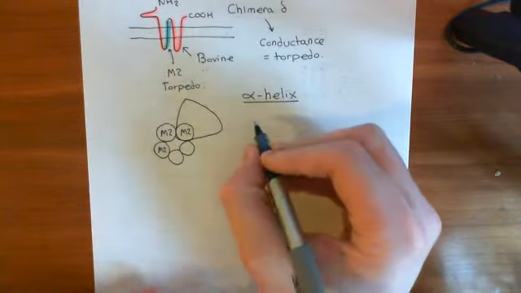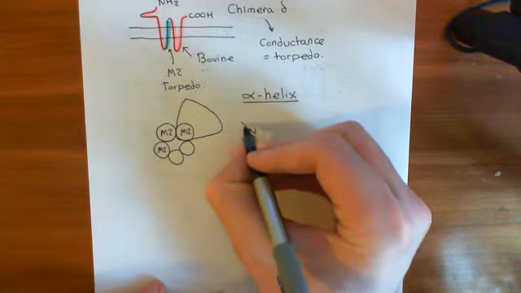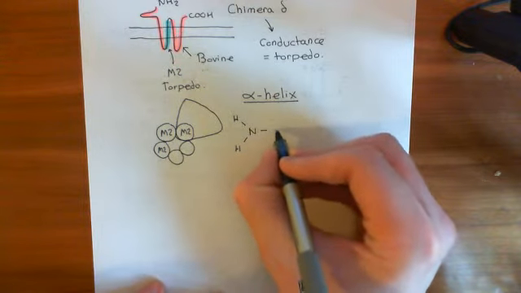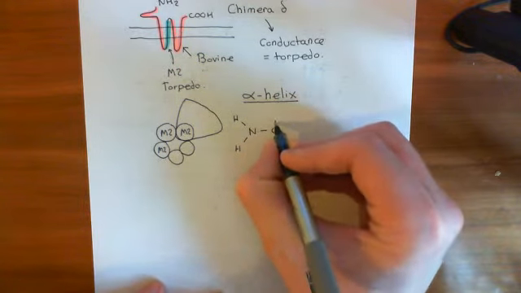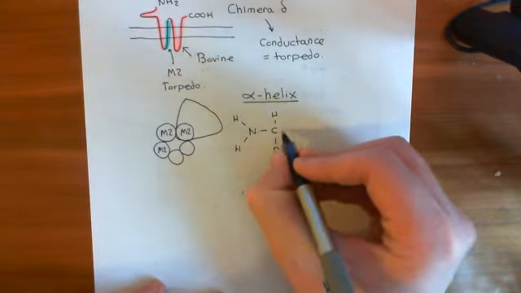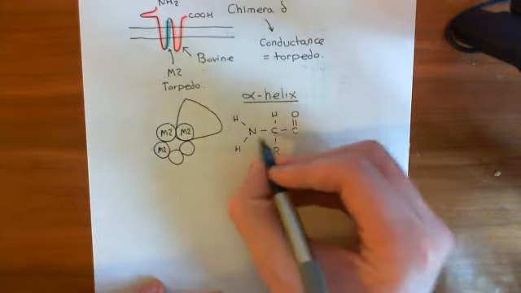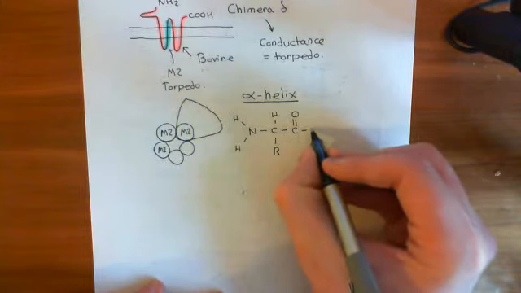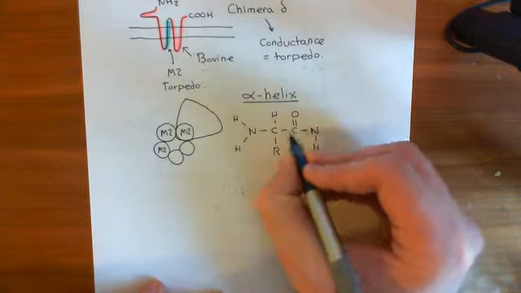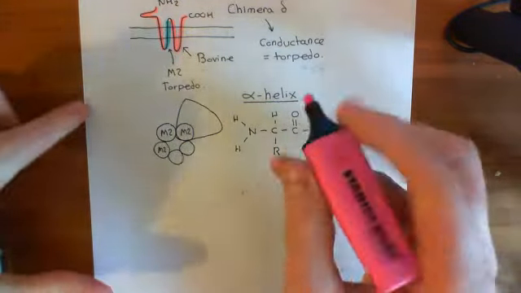So, let's say we have our polypeptide starting here. So here's the amino terminus of our polypeptide. Here is the alpha carbon, and it has a hydrogen off it, and then it will also have some R group. Then we have the carboxylic acid group of this first amino acid in our polypeptide, and then we'll have the next amino acid in the polypeptide, and it's linked via this peptide link, which produces this very important amide group here.